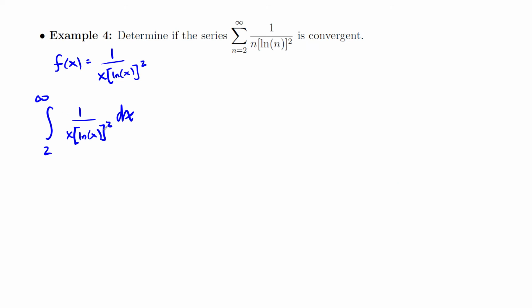All right, so let's take a look here. We have the natural log of x. What's its derivative? Well, its derivative is 1 over x. So I'm feeling like it's pretty promising to let my natural log of x be my u here.